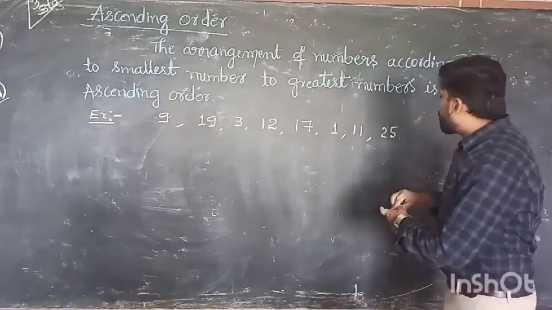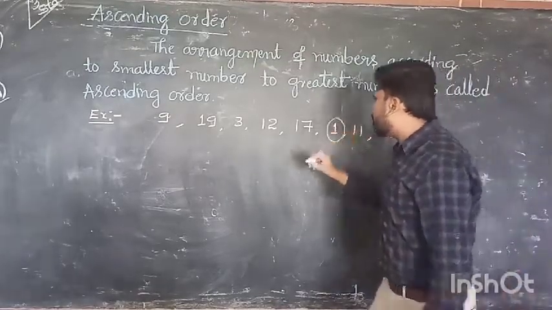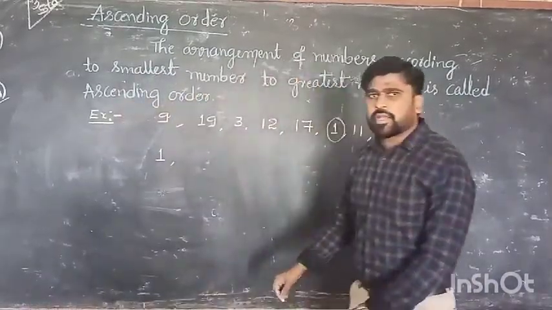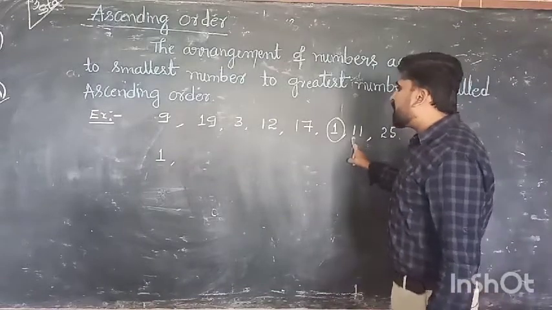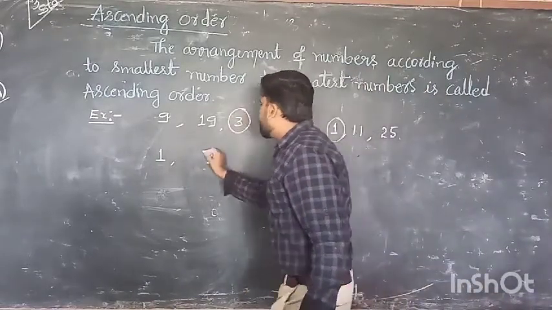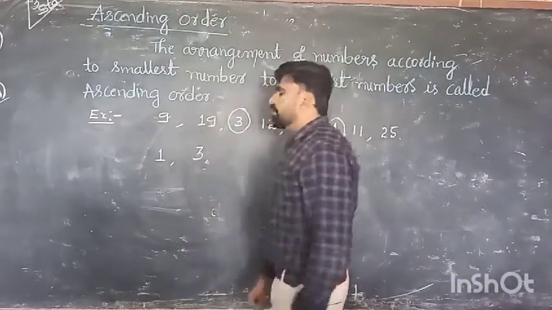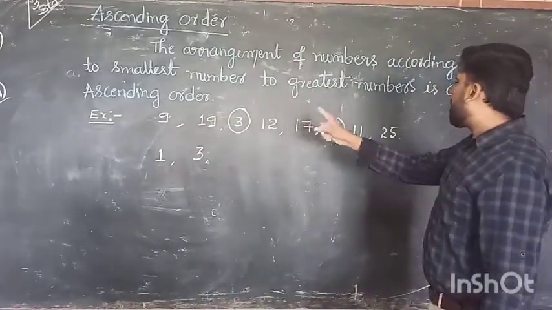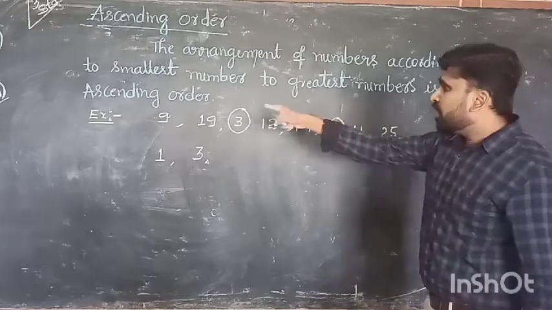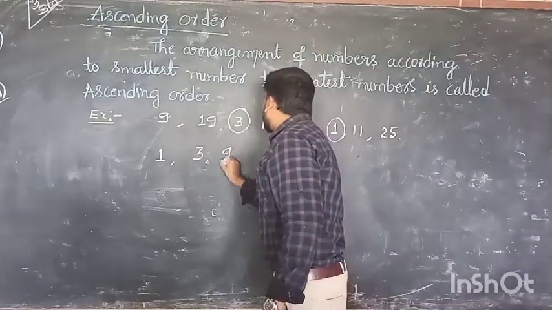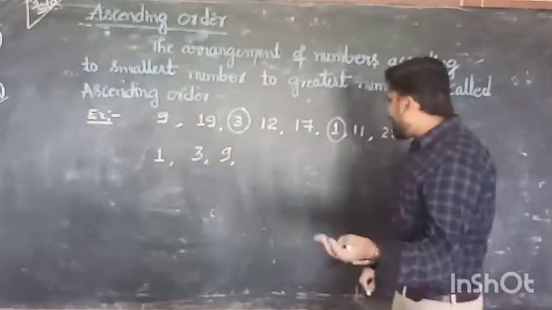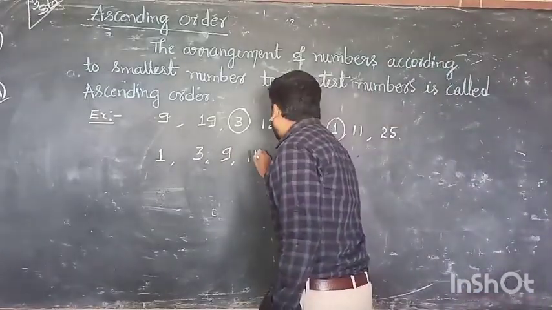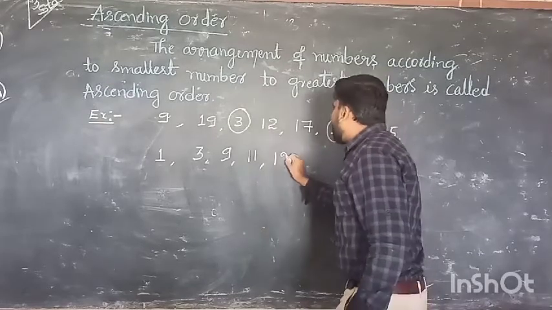Total 8, the small number is 1. That means 1 comes first. Clear? After 1, see here 3. Second comes 3. After 3, see 4, 5, 6, 7, 8. Next one is 9. After 9, 10. Then 11. 11 afterwards, 12.